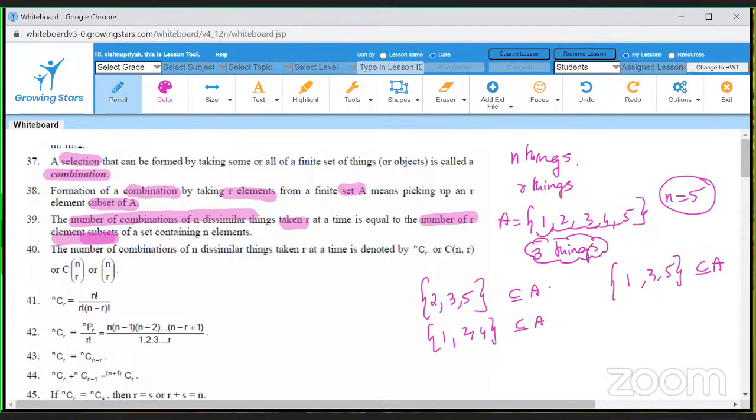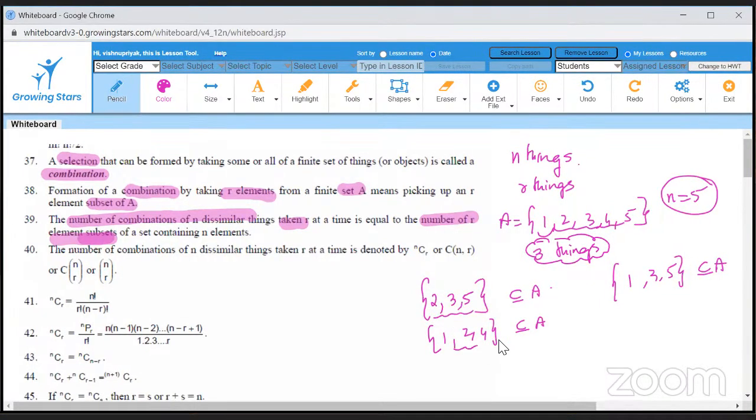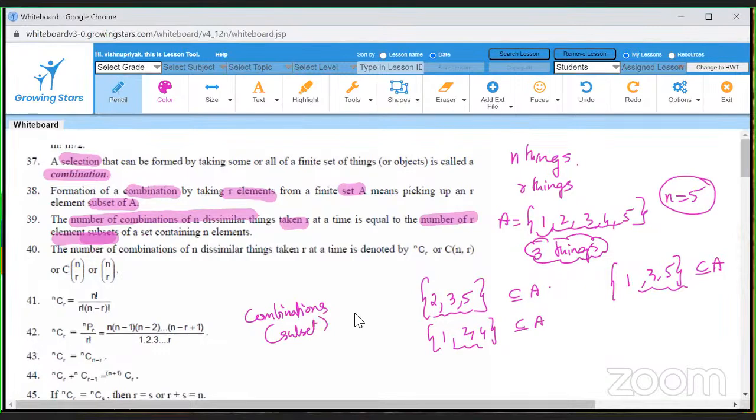You are picking up 3 things. The combinations you are getting, these all are subsets, and they consist of R elements, 3 elements.